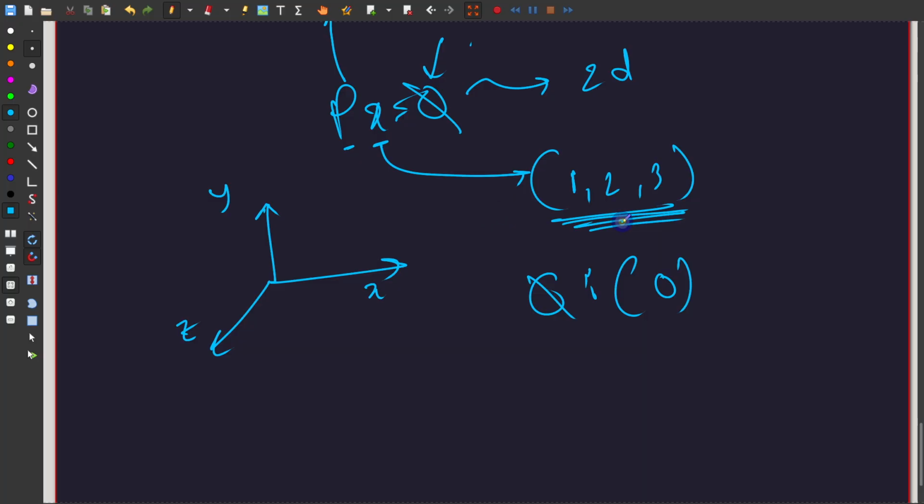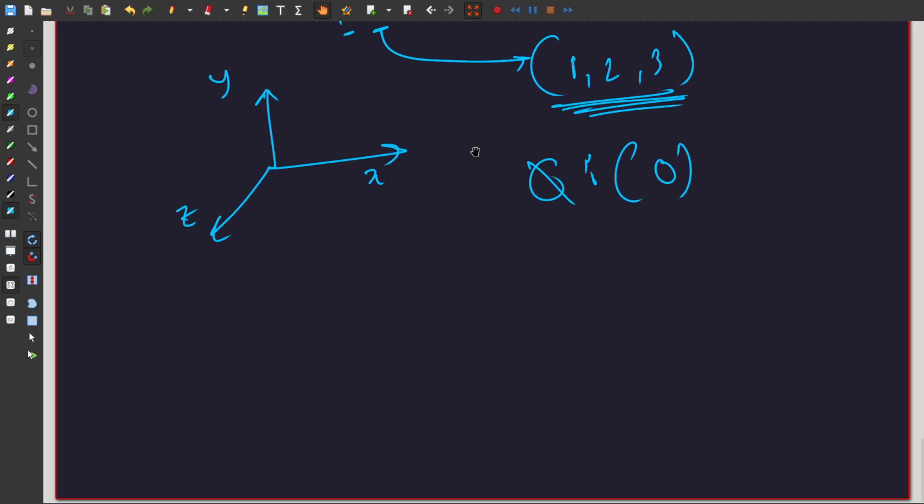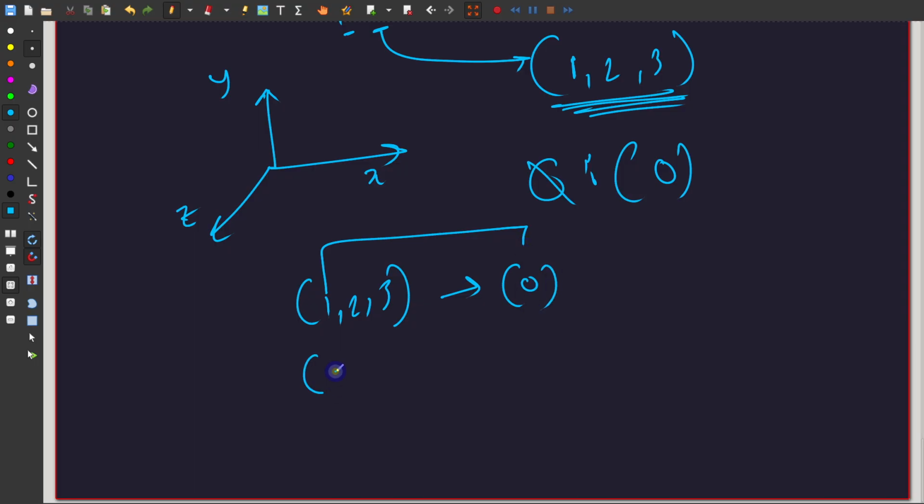Now the way you could do it, if you think about it, is in 3 ways, right? So you could essentially take 1 2 3, you could rip off 2 3, so you could drop the y and z terms, and you could take the x and you could make it a 0. You could also do 1 2 3, destroy the x and the z, and then basically reach 0 through y.